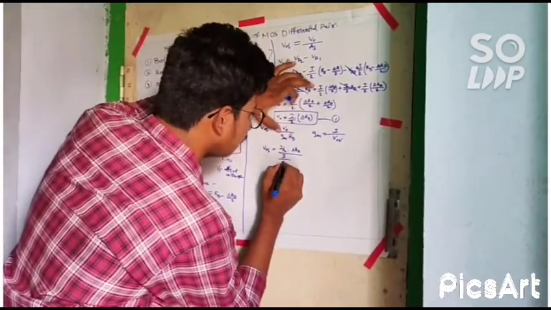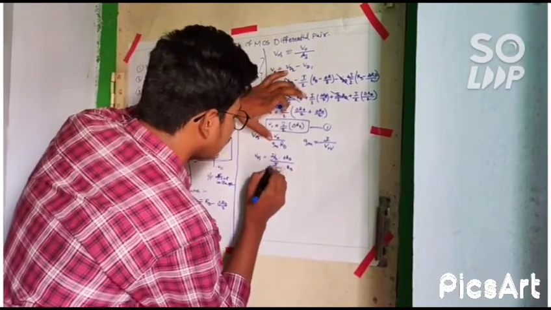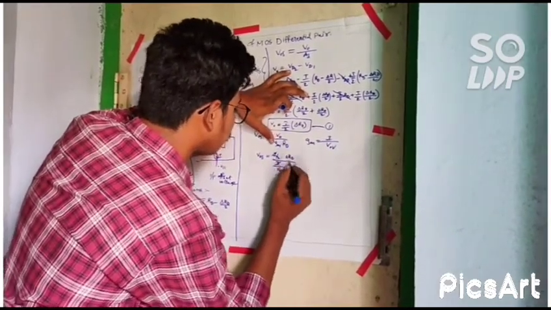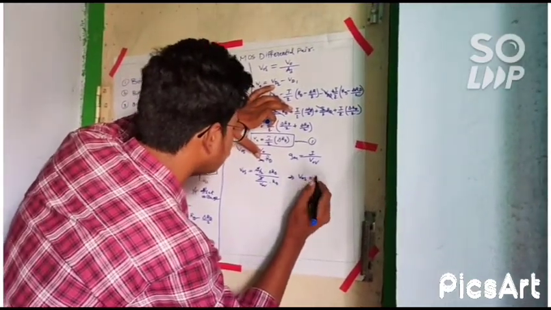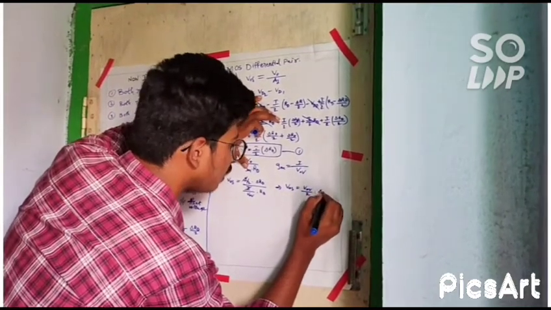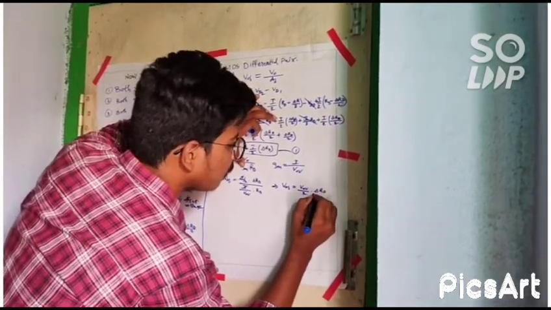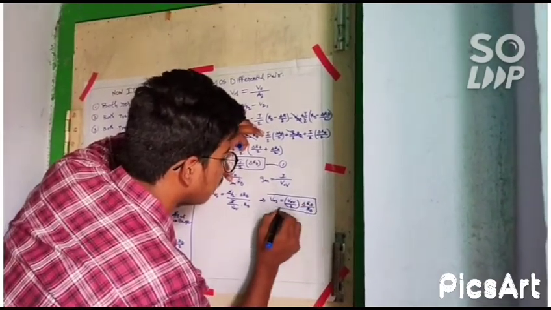GM is equal to I by VOV. Then substituting these values, VOS is equal to I by 2 into delta RD by GM into RD, where GM is I by VOV.